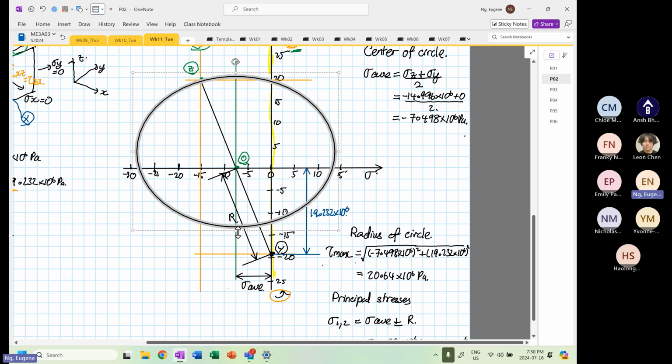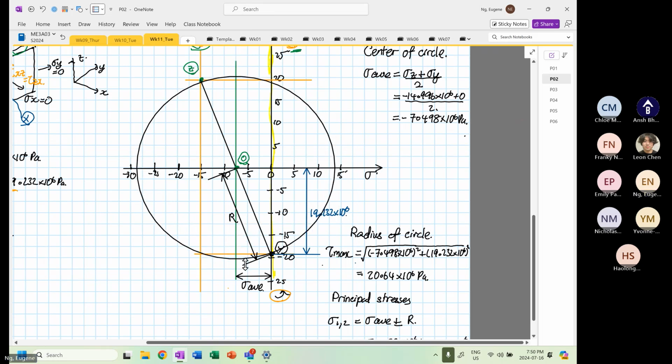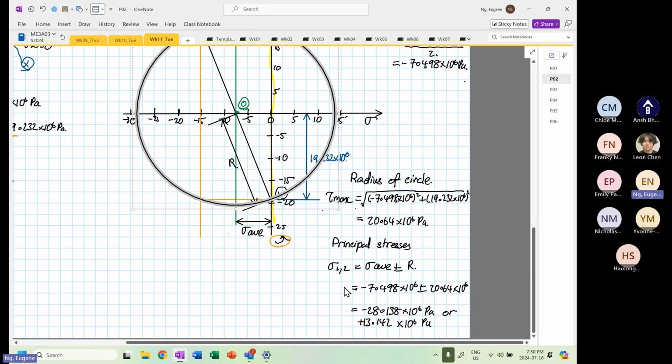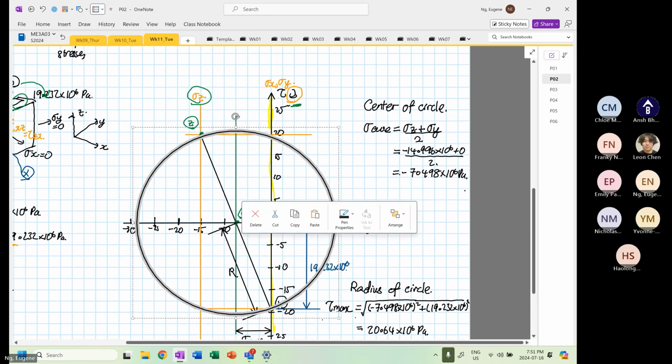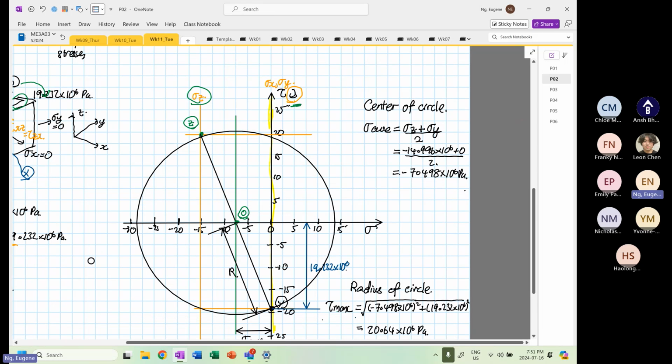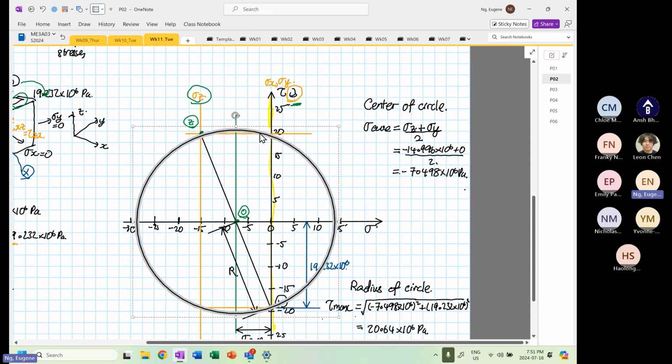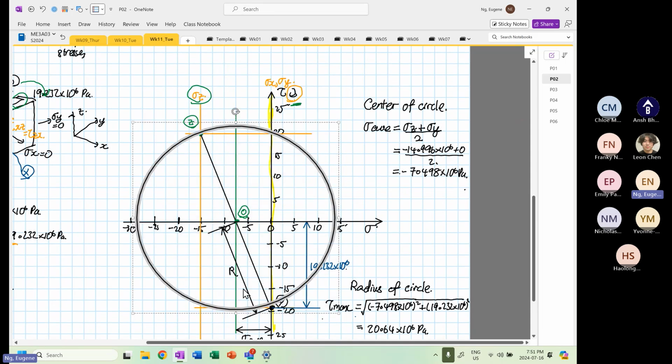Okay, and then 20.64 here. Minus 28 and 13.142. Okay. Somehow it doesn't look very circular to me. Yeah, that explains why, because I need to make this longer.